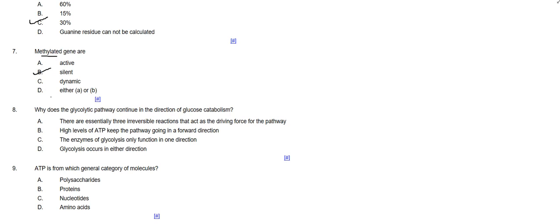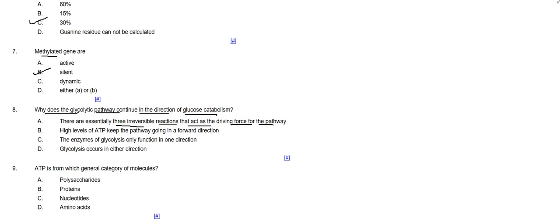Next is, why does the glycolytic pathway continue in the direction of glucose catabolism? Okay, so there are essentially three irreversible reactions that act as a driving force for the pathway.